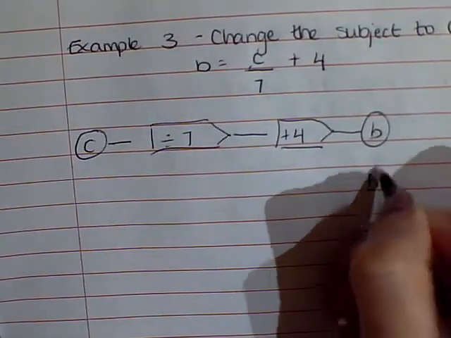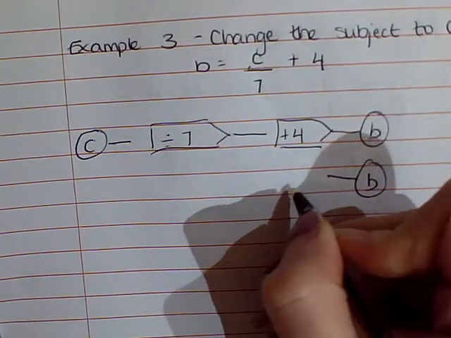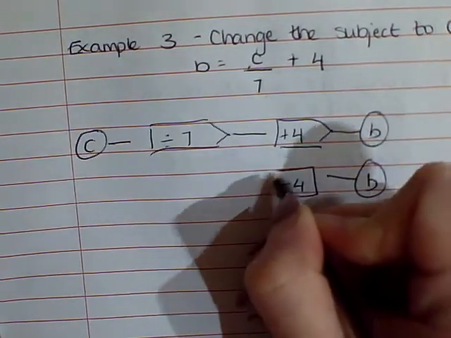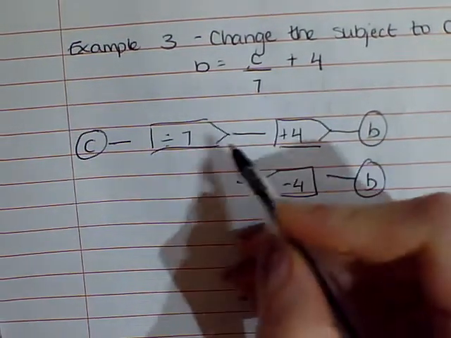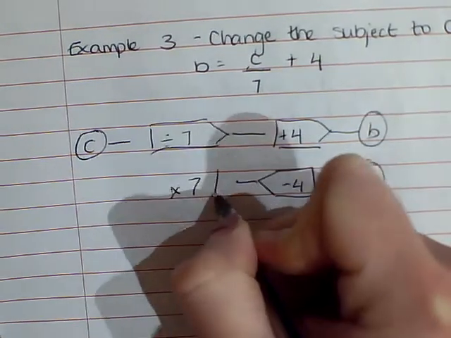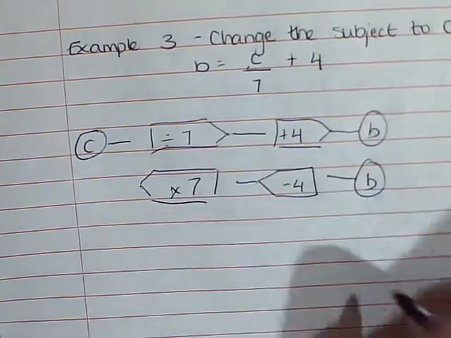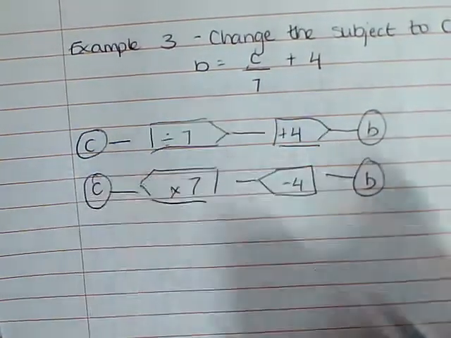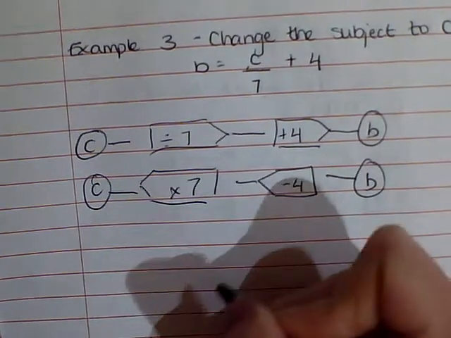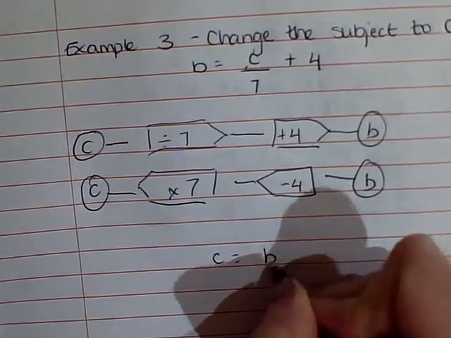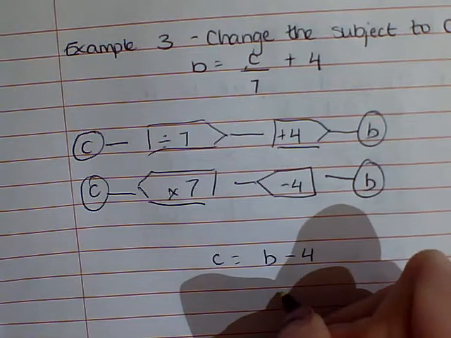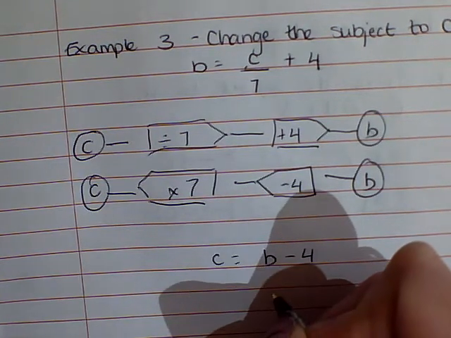Reverse this, so B, opposite of add is subtract, opposite of divide is times, and that gives me C. So C, my new subject, is B, take away 4, times 7.